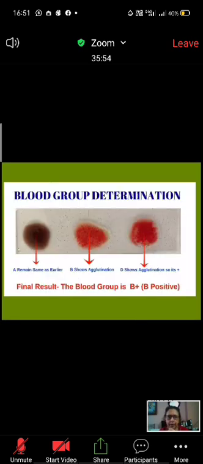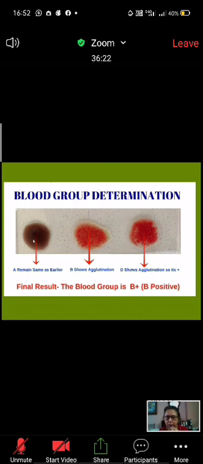This is the clumping. Now, what I'm explaining is that if you see this clumping in your naked eye, then it's okay. No need to check under microscope. But if you see no clumping here, then you have to confirm under microscope. If under microscope there is no clumping, you could see only RBCs clearly.